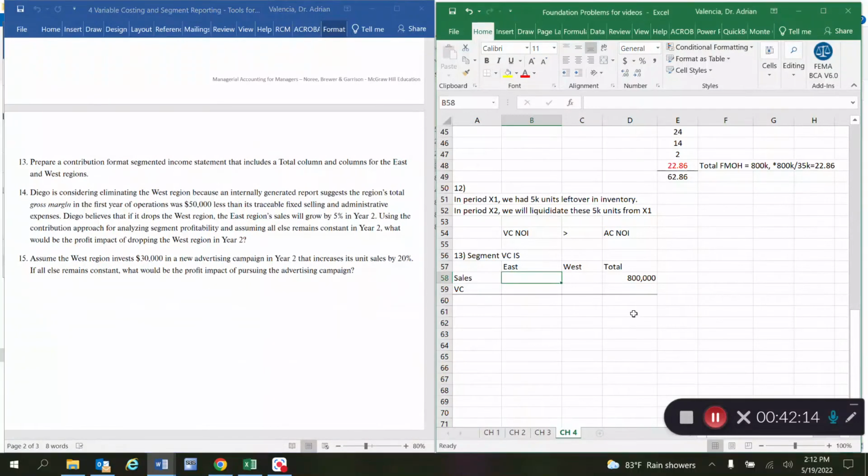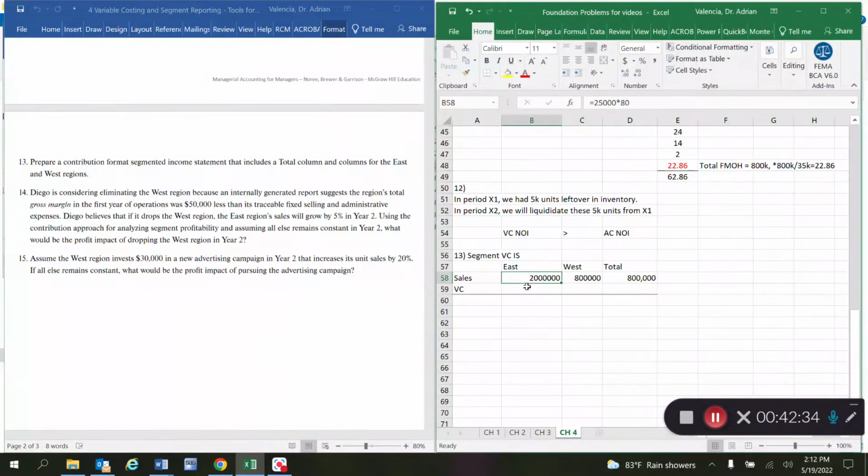Okay, there's 13. All right, so we said 25,000 units times 80. That's the sales price. And then this is 10,000 units times 80.